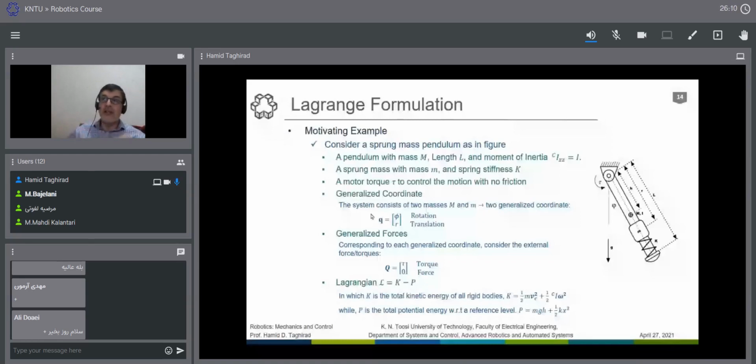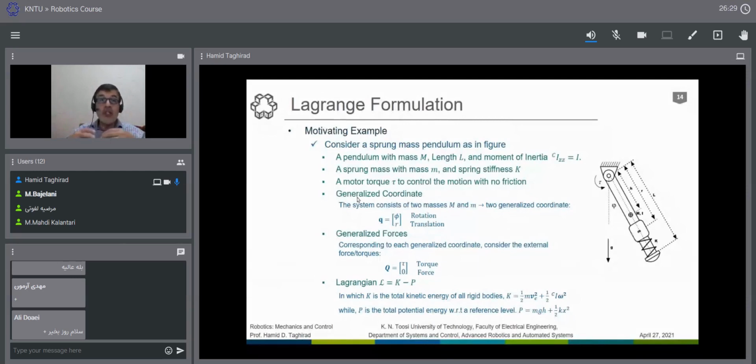Here we call it a generalized coordinate. We call the coordinates the minimum number of coordinates that are independent of each other, and basically define the motion of all the different bodies of the system.